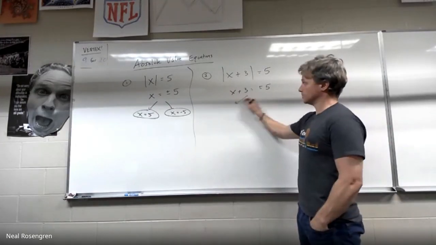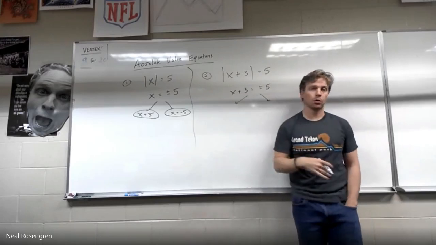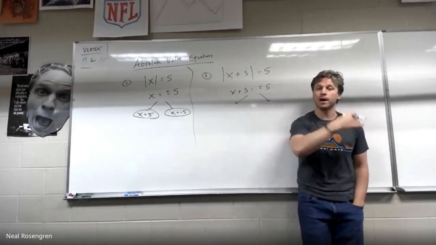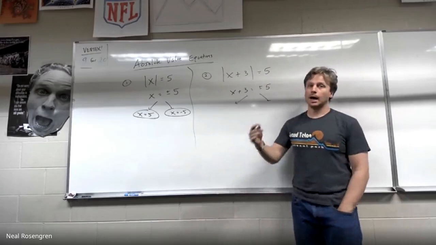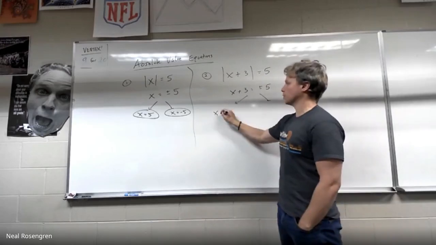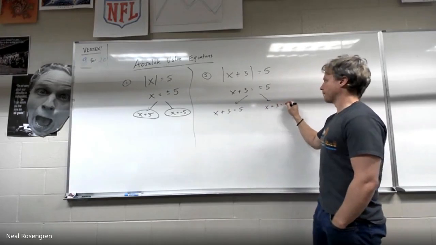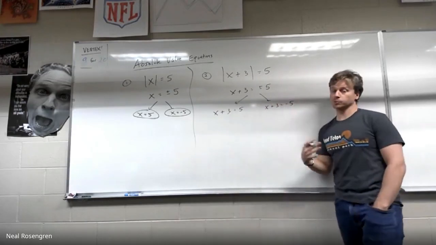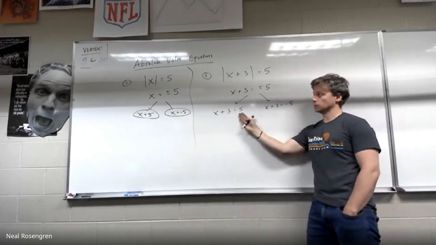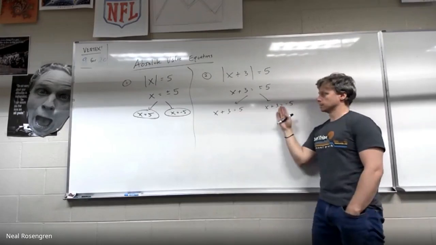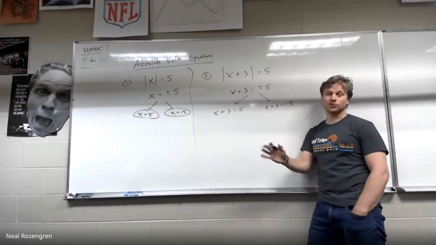And so what I like to do is split my work into two. Instead of dealing with the plus or minus the whole way through, it's up to you. You can do it as early or as late as you like. I like to do it right away, where I break this into two possible setups, right? One where the inside is equal to the positive, and one where the inside is equal to the negative. And I just solve those separately.